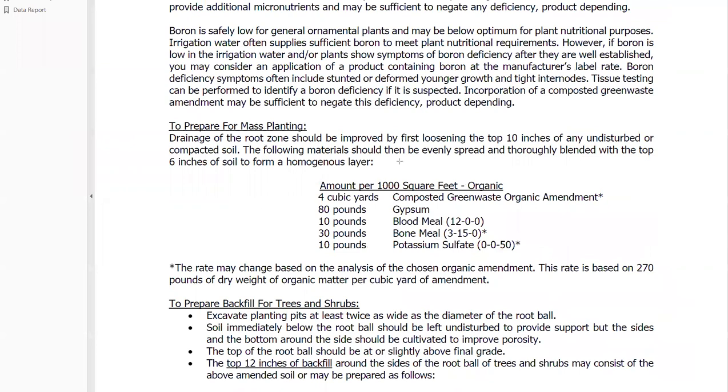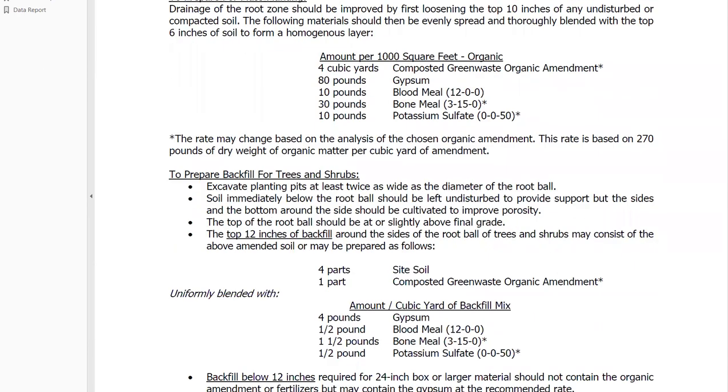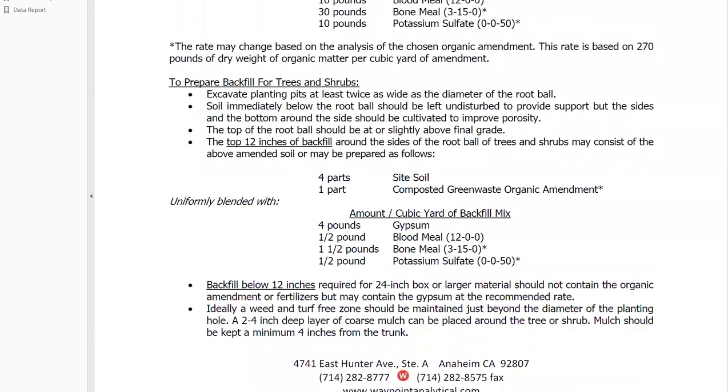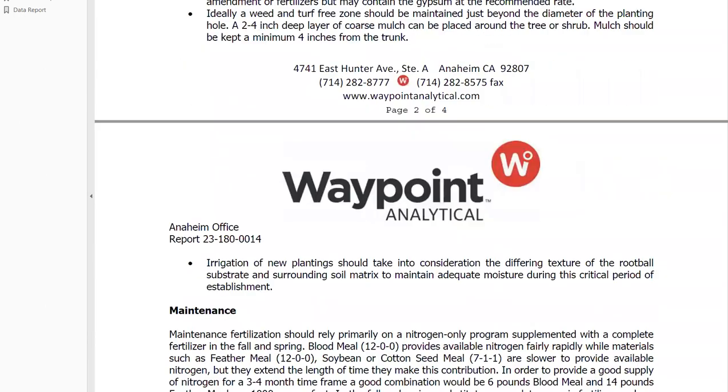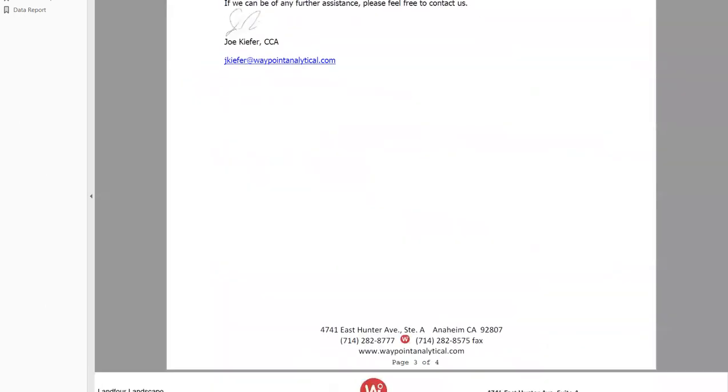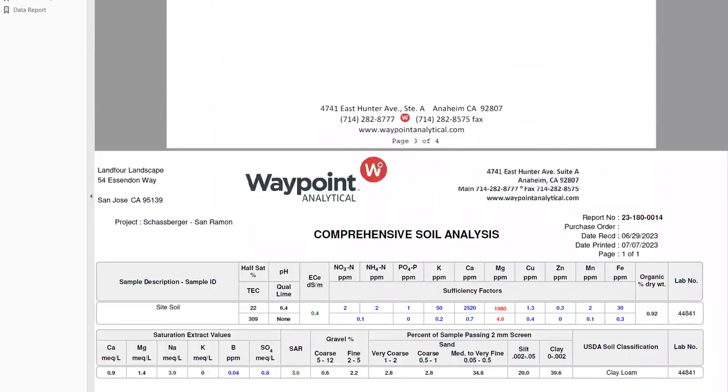It gives me a lot of information on how to amend the soil for certain types of plantings.